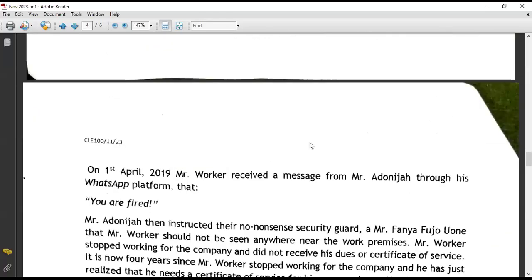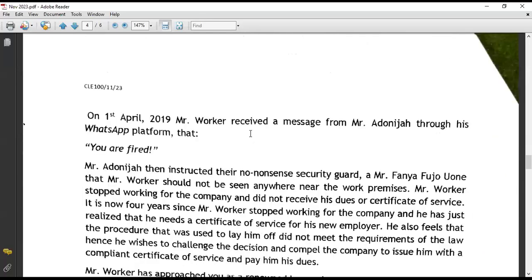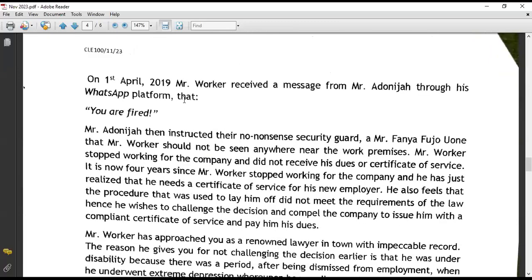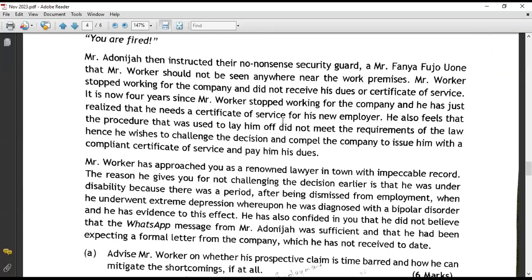So, this worker, Mr. Waka, was fired on 1st April 2019. Then he went into depression. So he was prevented from entering the workplace. He did not receive the certificate of service. He went into depression.